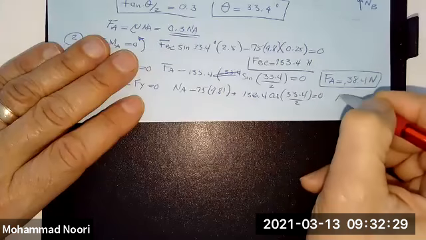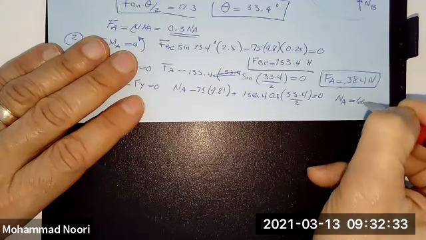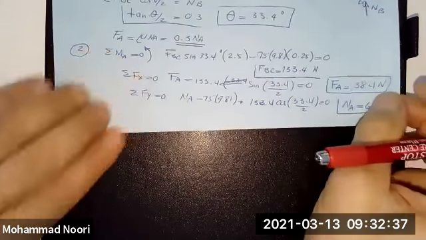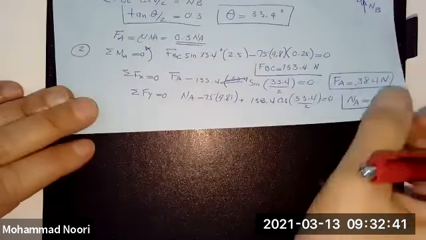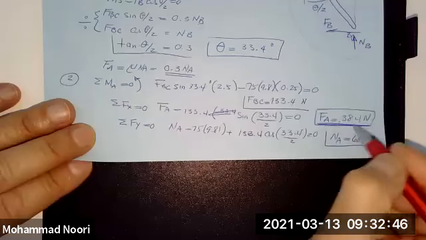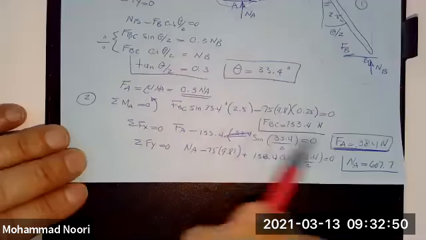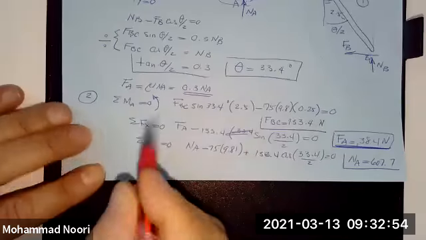That will give me an NA that comes out to be 607.7. So the FA that is required to keep this in equilibrium is this, but let's see if friction force generates at least that much force. That's what we need, right?